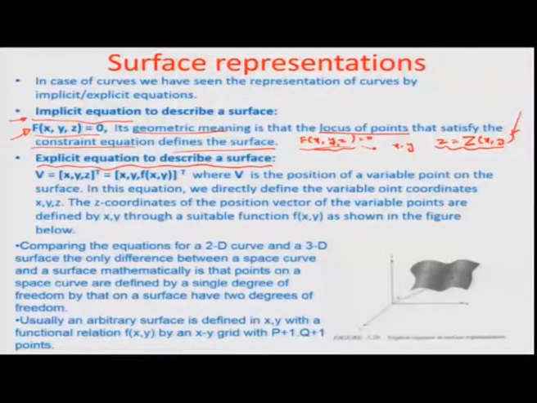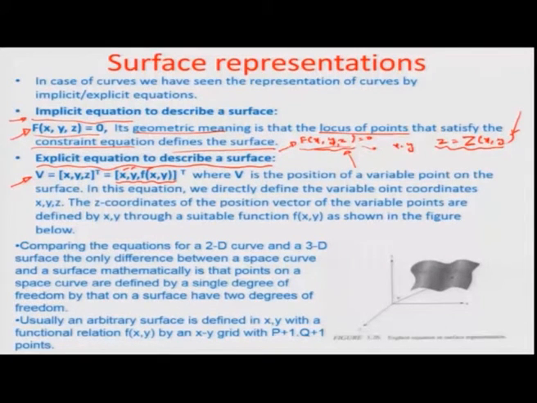So, we can describe the same equation in a very explicit, very direct manner, by saying that the locus of all points v in space would be represented as x, y and a function of x, y, which is actually the z value. So, here the function is very clear, you do not need to calculate as you need to do from this extract here, and so that is why it is called explicit.